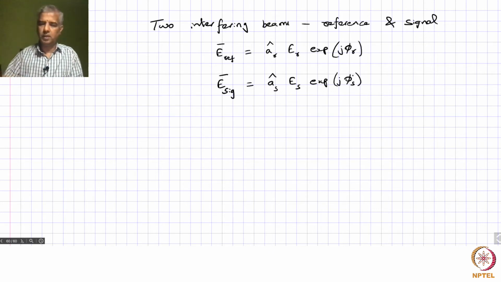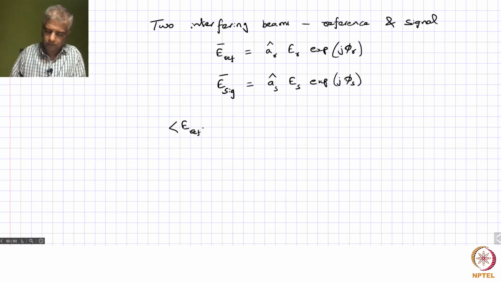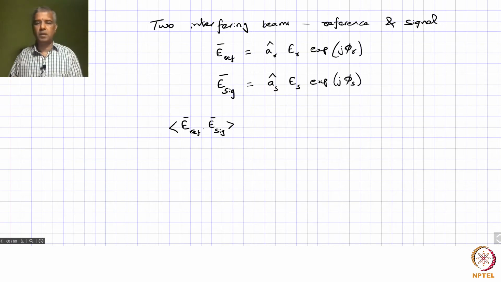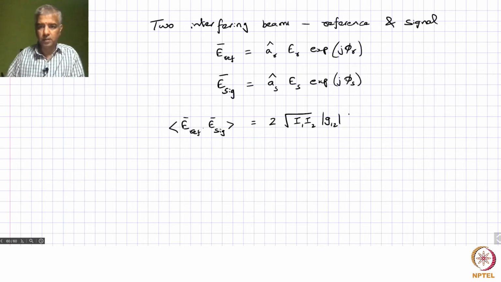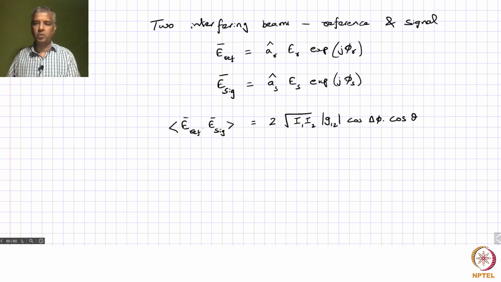So what we are seeing now is when we do a beat of E reference and E signal, and mind you these are phasors, but they are also vectors now because they carry the polarization information, that is going to be given by 2 times root of I1 I2 just as before, G12 corresponds to the degree of coherence, and then you have the cos delta phi, where delta phi now corresponds to phi_R minus phi_S, and then we want to represent this additional term which corresponds to cos theta.